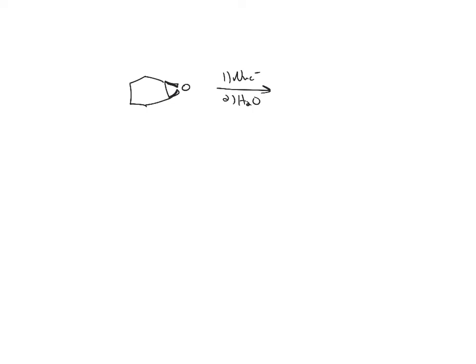Draw what you would think would be the correct one. Knowing this is going by an SN2 pathway, draw what you would think the product would be. So on one of those carbons, in this case, they're both the same. That's supposed to be a wedge up to tell you that the epoxide is coming on from the top side. Okay, so in this case, I put the hydroxyl side coming up.